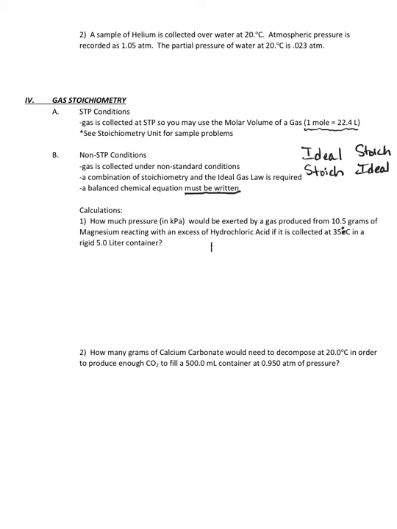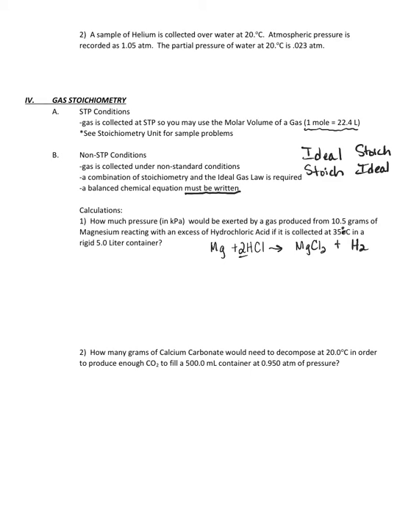We have magnesium with hydrochloric acid. Hopefully you recognize that as single replacement. Magnesium is going to kick out hydrogen and form magnesium chloride and hydrogen gas. Balancing it easily. There we go.